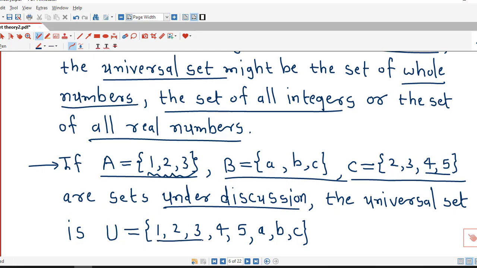First I write down A equal to 1, 2, 3. B has 3 elements a, b, c, and C has 4 elements 2, 3, 4, 5. But 2 and 3 are already written, so we will not repeat them, and 4 and 5 we have to write down. So this is the universal set for these 3 sets under discussion.